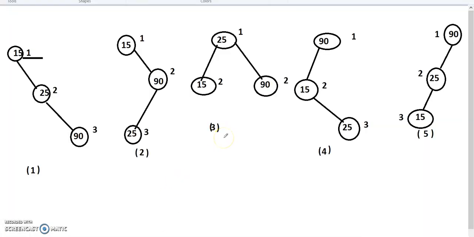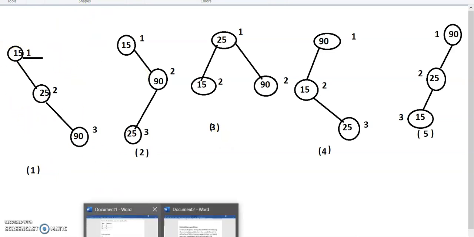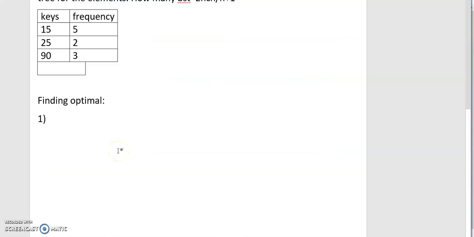For this tree we need to find the optimal solution. For the first tree we have the keys 15, 25, 90. For these key values we need to find the optimal solution.